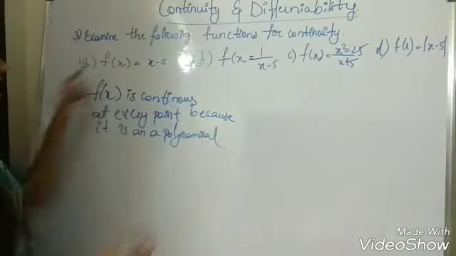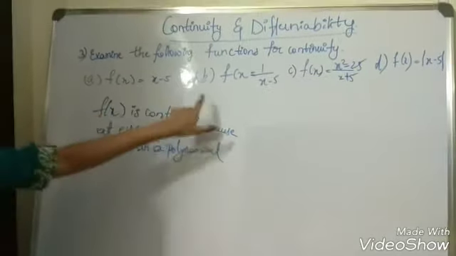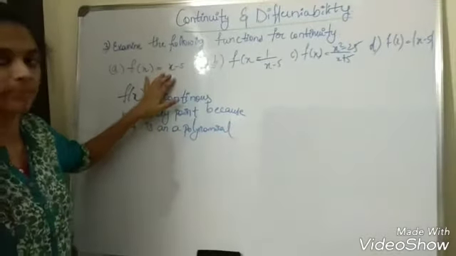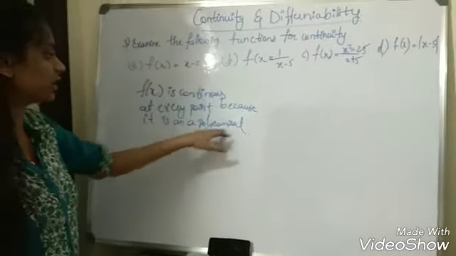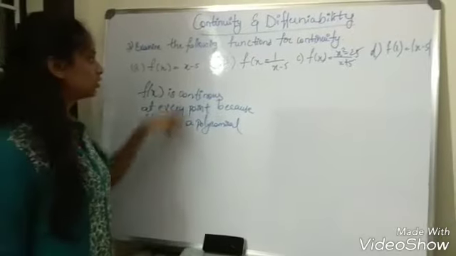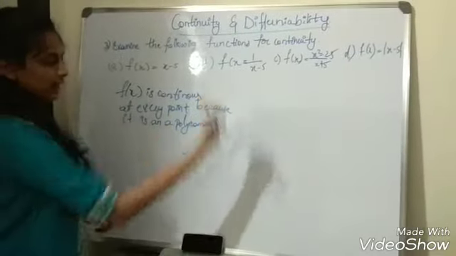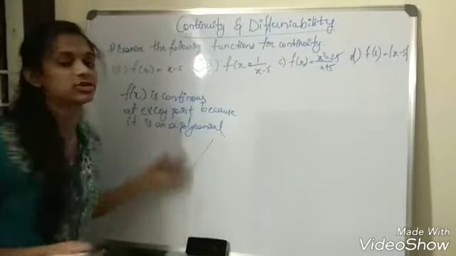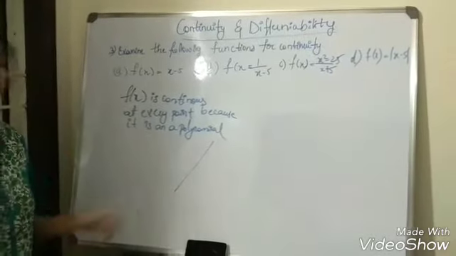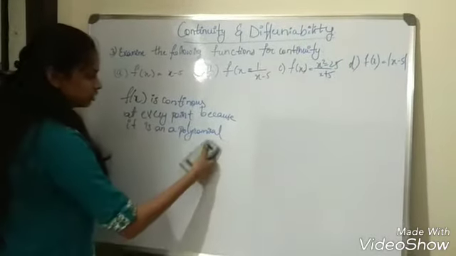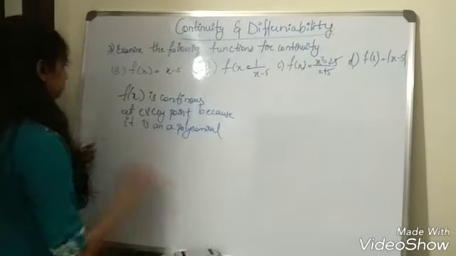As f of x is equal to x minus 5, and x minus 5 is nothing but a polynomial, a polynomial is continuous at every point. When you draw a graph for any polynomial, you'll get a straight line, which you are able to draw without lifting your pen. So it will be continuous.